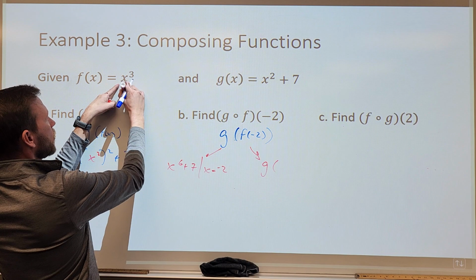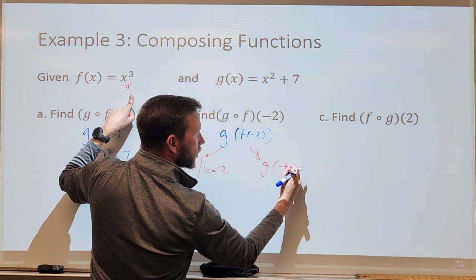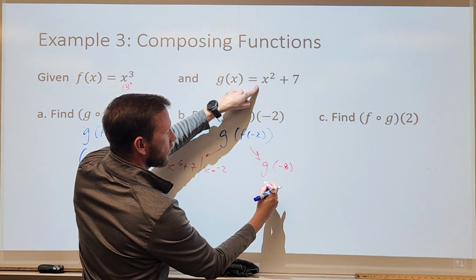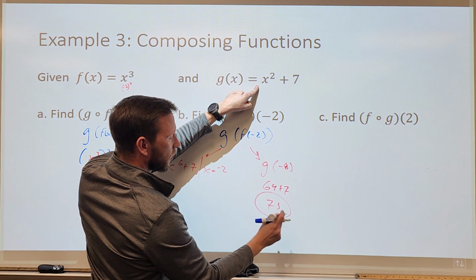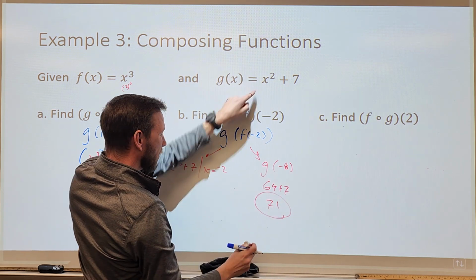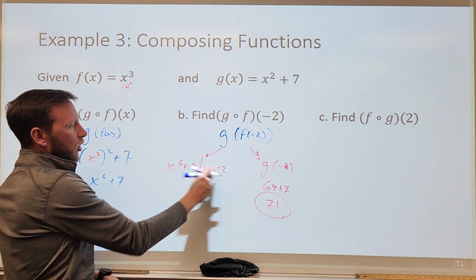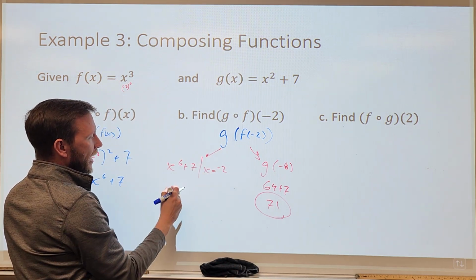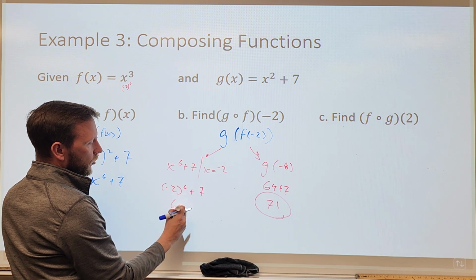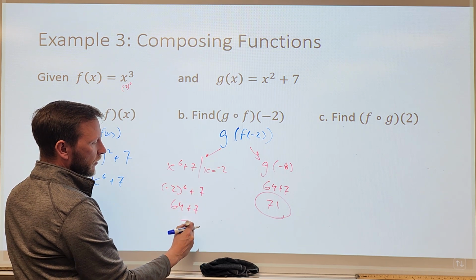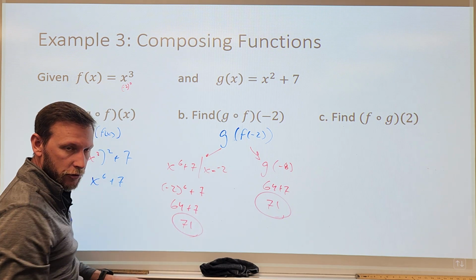Negative 2 cubed is negative 8. I can do g of negative 8. G of negative 8 is going to be 64 plus 7, which is 71. Over here, we would have to take negative 2 to the 6th power and then add 7. This would give me positive 64 plus 7. You would end up with the same answer.